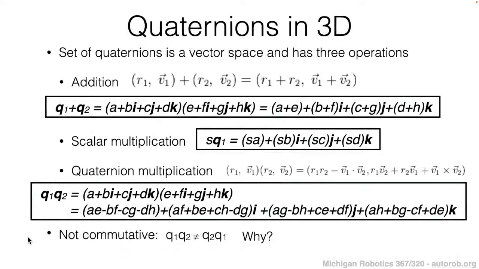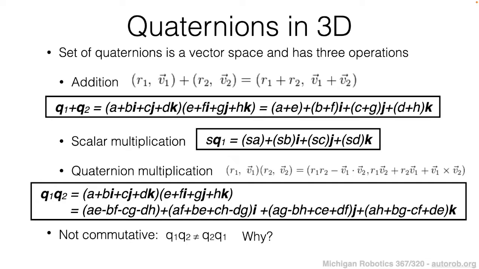Given this, there are a few additional points that are important to mention about quaternions. Quaternions live within a vector space, and we talked about vector spaces in our linear algebra lecture. Vector spaces are closed under both addition and scalar multiplication. As a result, if we have two quaternions and we add them, the result will be a quaternion.